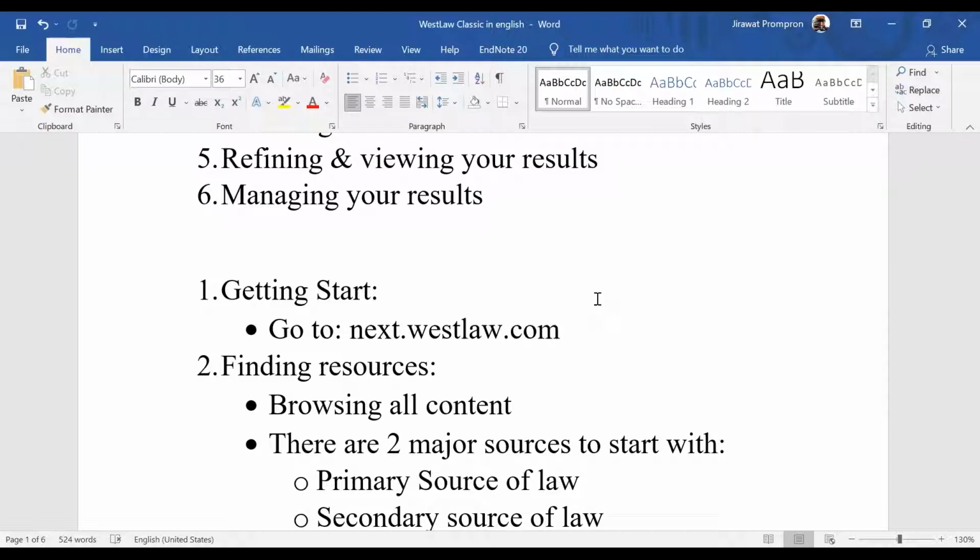You don't need a user and password. You just connect to the VPN and type next.westlaw.com. This is how to access. And then when you log into Next Westlaw, I will show you how the page looks like.